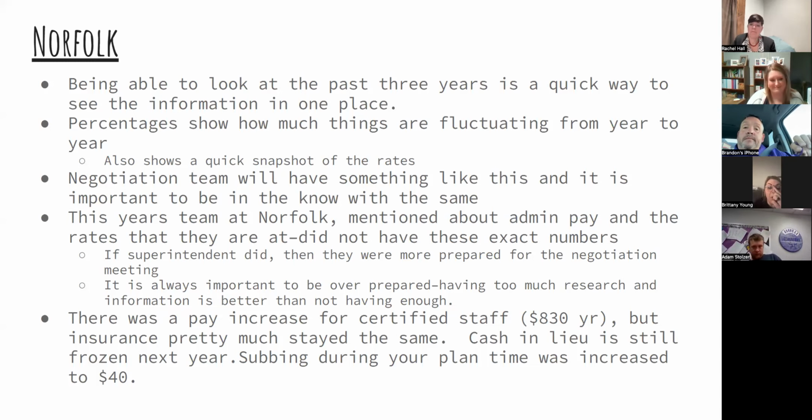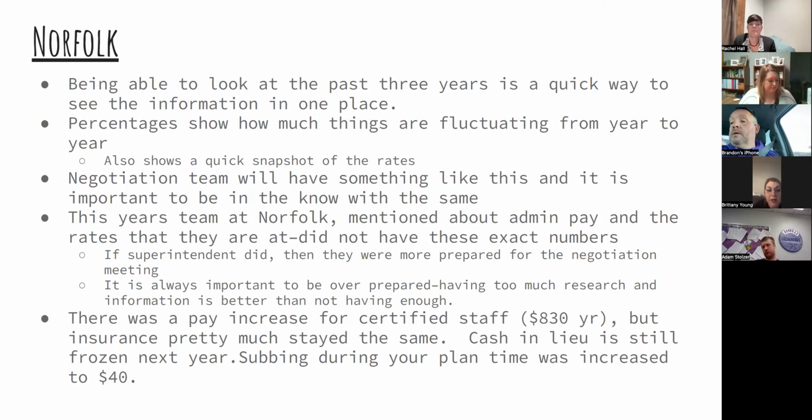All right, so I went and looked at some of the other slides. Especially for Norfolk, it's really important to look at the past 3 years. I know the superintendent does that, and negotiation teams always do. The percentages show how things are fluctuating from year to year, so it's one place where you can say, here's a snapshot of what we're doing, and these are the rates.